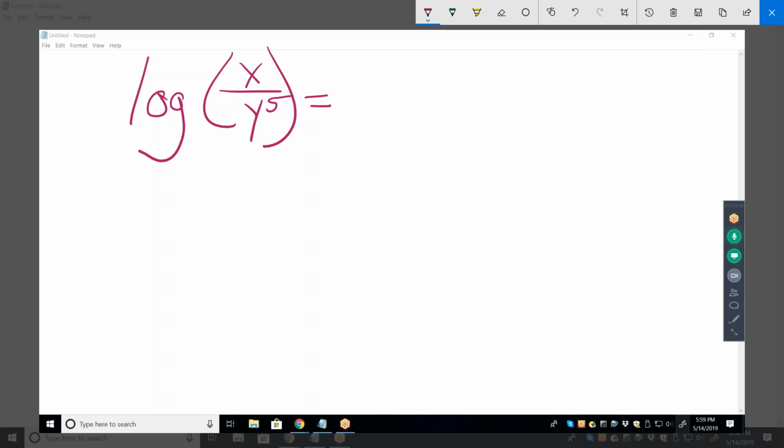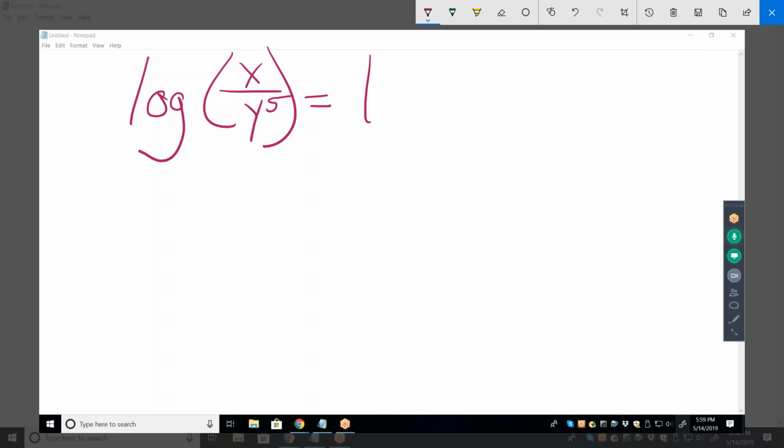So, what do I want to do first here? I'm doing division. So you just want to subtract them? Yeah. In other words, you want to turn it into 2 log statements, not 1. This is compressed. If you want to expand it, you're going to have multiple log statements.